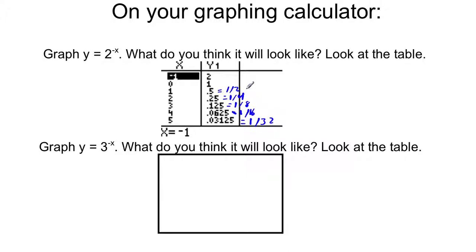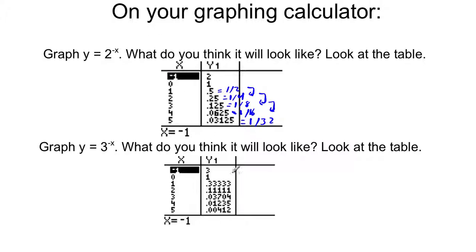These are now doubling, not in the numerator, but in the denominator. And same when we have 3 to the negative x. We are tripling each denominator. That's 1/3, that's 1/9, that's 1/27, that's 1/81, and that's 1/243. So we are multiplying by 3 each denominator because the exponent is negative.